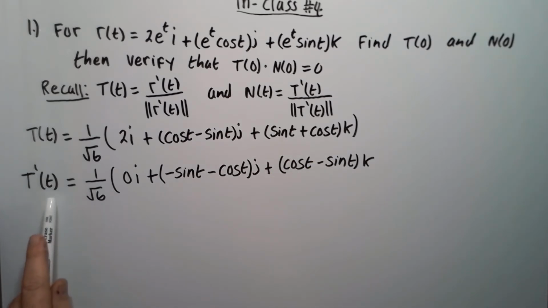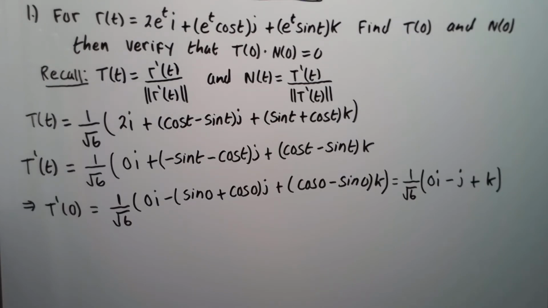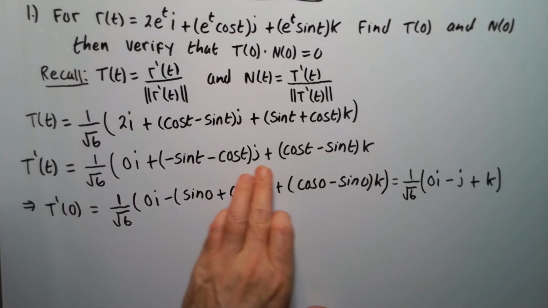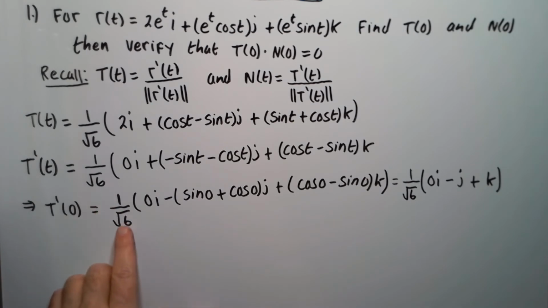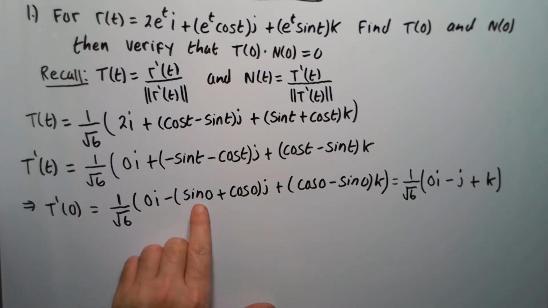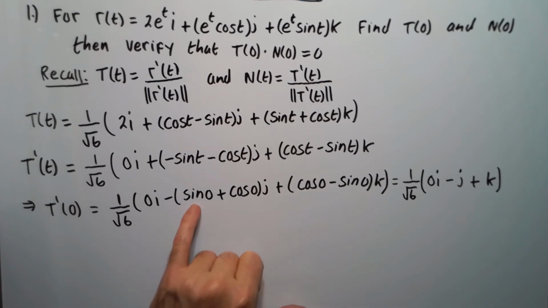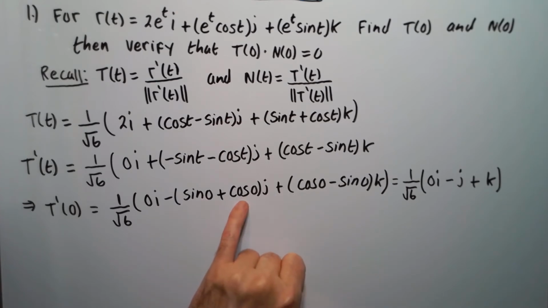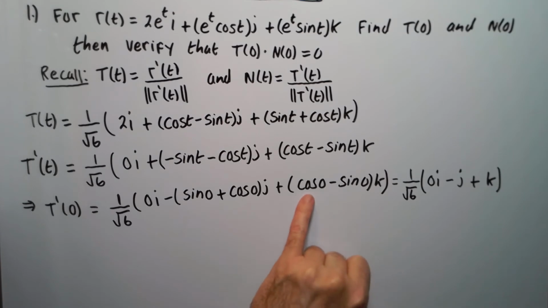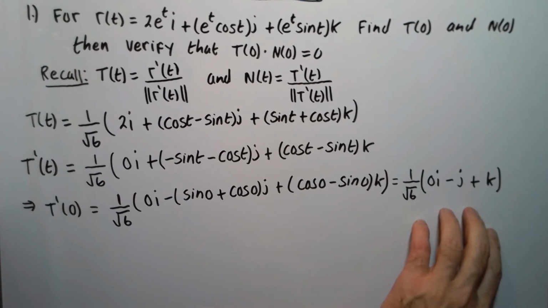Now let's evaluate at 0. Let's stick in 0 in place of t. Putting 0 in place of t everywhere here, you have 1 over square root of 6 times 0i minus sine 0 plus cosine 0 j plus cosine 0 minus sine 0. Sine of 0 is 0, cosine of 0 is 1. So we're going to get minus j there, and cosine of 0 is 1, so we get a k here. That'll be our capital T prime of 0.